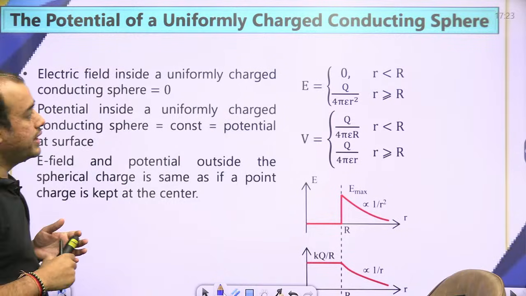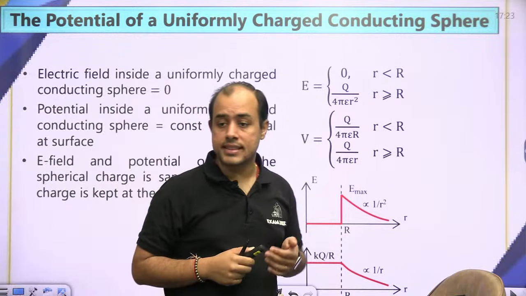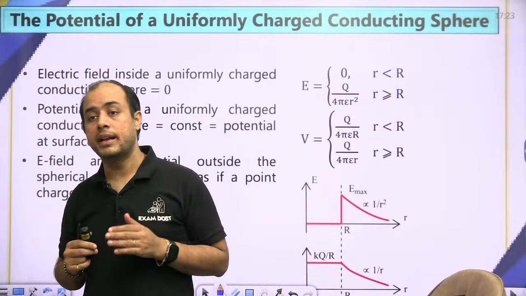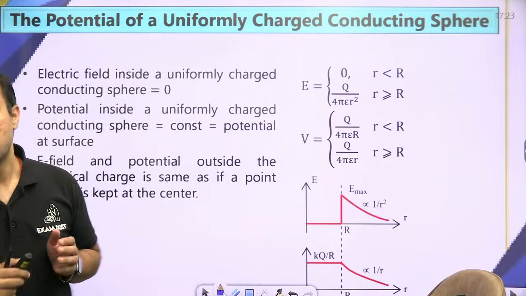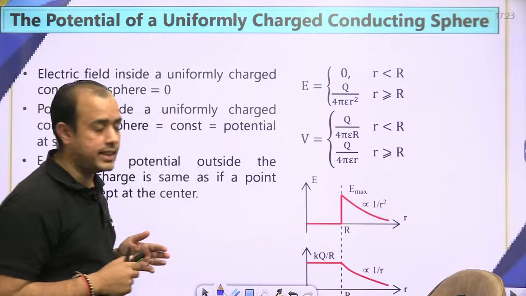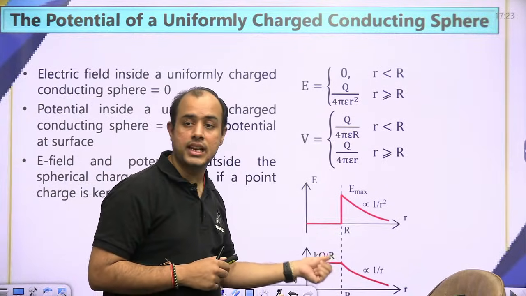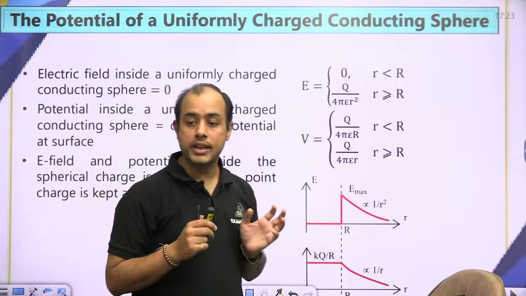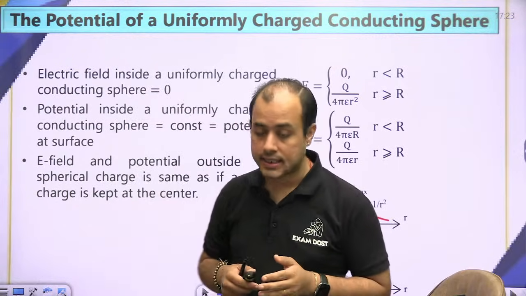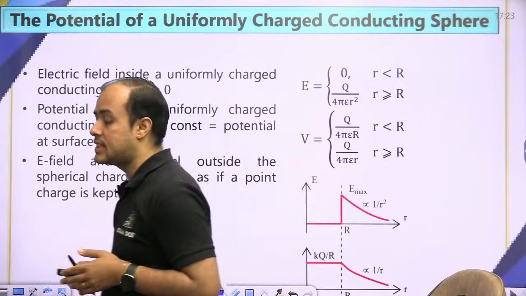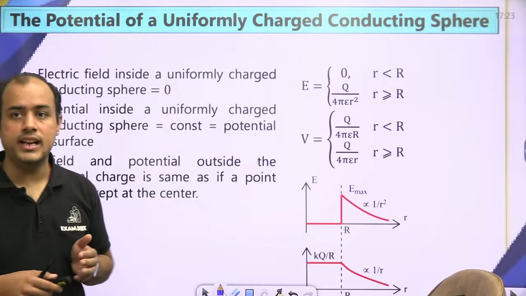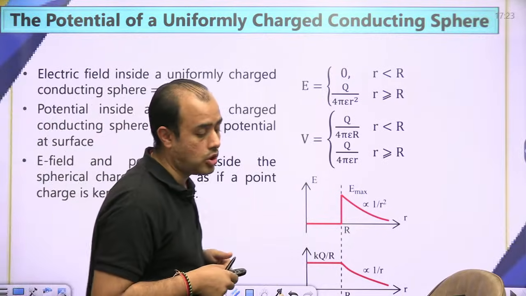Now, beta, when electric field is zero inside, the potential becomes constant. So, the potential of the conducting sphere inside the sphere is same as the potential at the surface. तो ये याद रखेंगे बेटा, the conducting sphere has zero electric field inside, and whenever electric field is zero, it means the potential is constant.